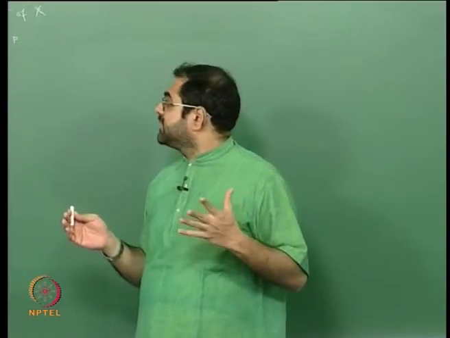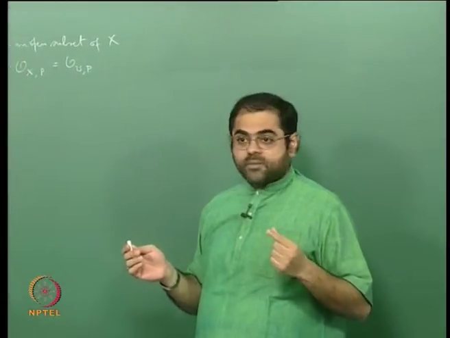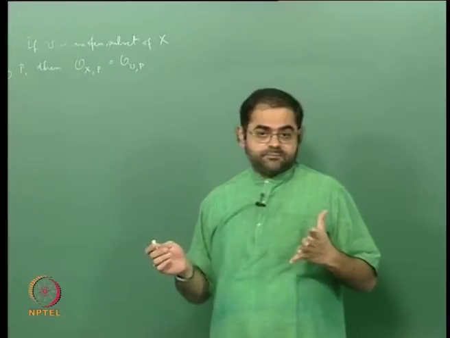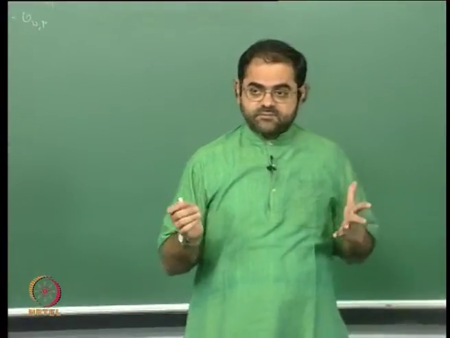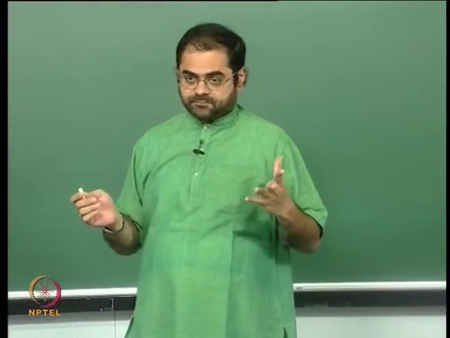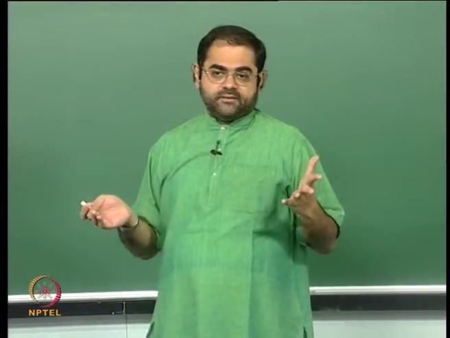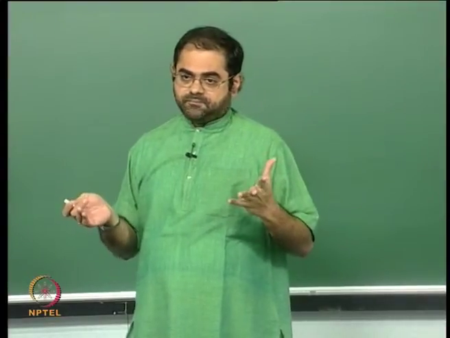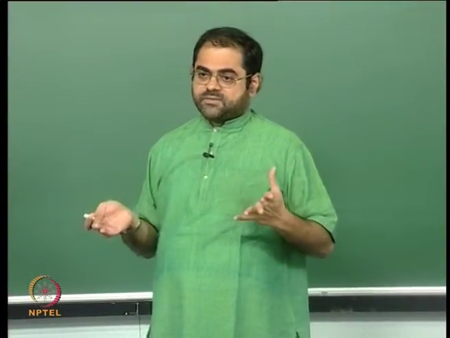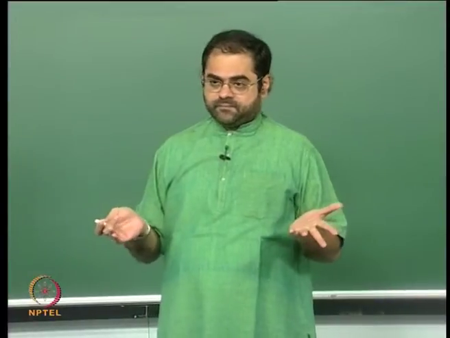And the point is that an open subset of a variety is also a variety. This is a fact that you can check using simple topology. An open subset of a variety is automatically a variety, right.